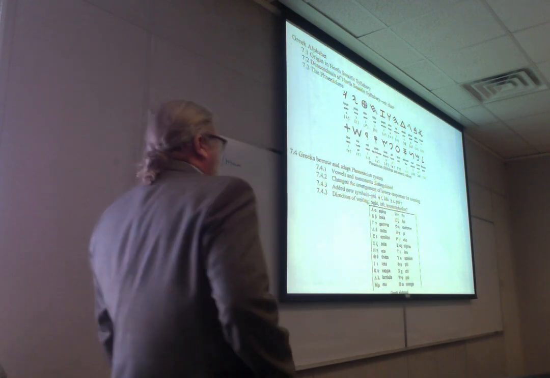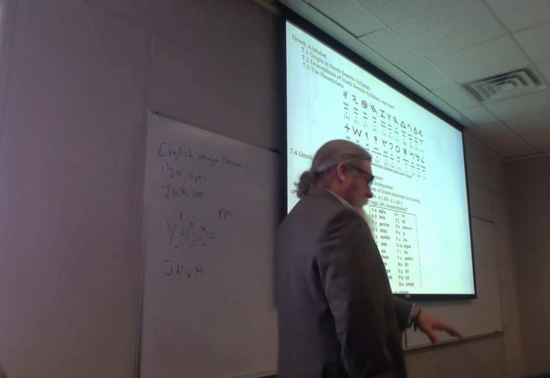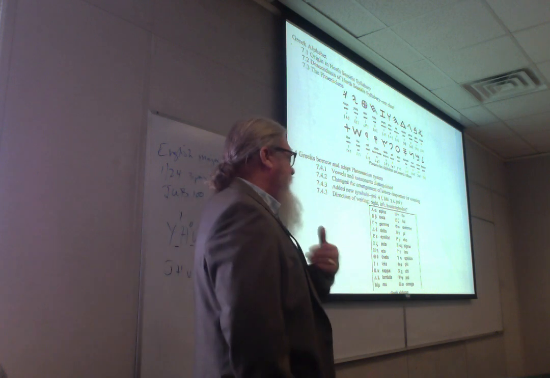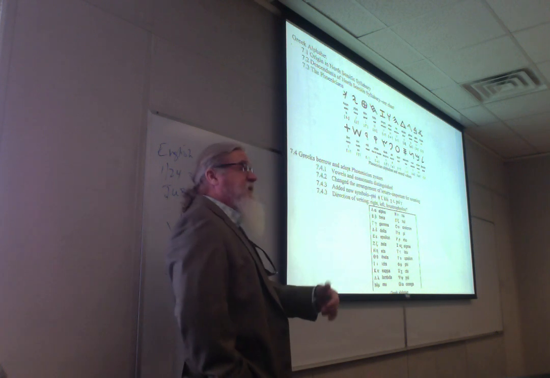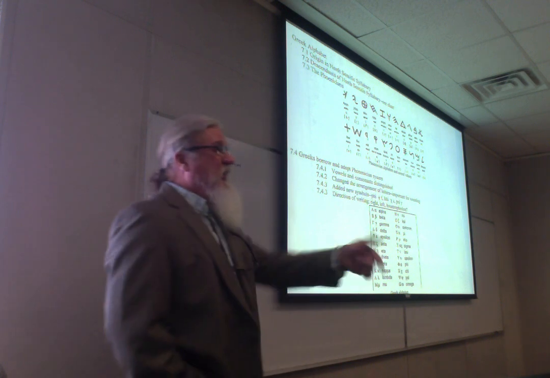So what do the Greeks do? They take that system and they adapt it. Why? Because Phoenician has some sounds that they don't need, so it has some symbols they don't need. And Greek has some sounds that Phoenician doesn't have.